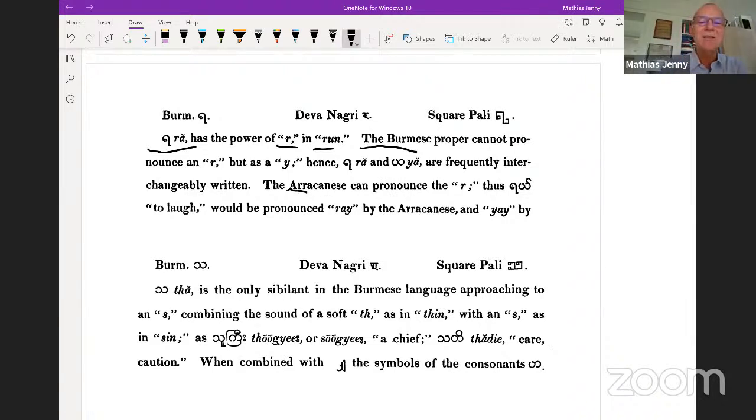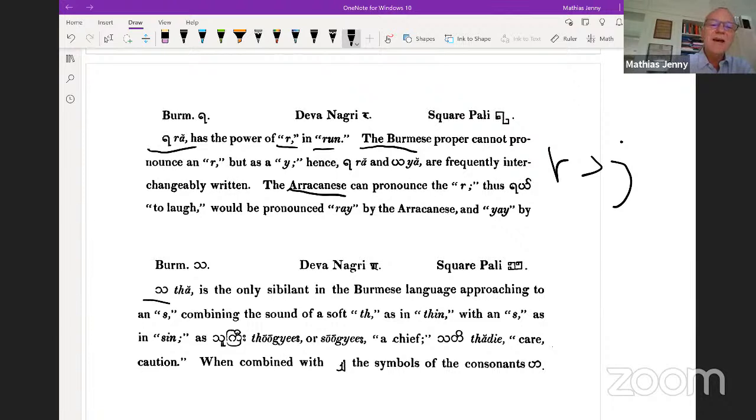But the Arakanese, the Rakhine, still pronounce it as ra, which of course you know that in Rakhine, it's not Yakhine, but Rakhine, they still have the ra sound. So these are changing, ra to ya. That was still going on about 200 years ago.